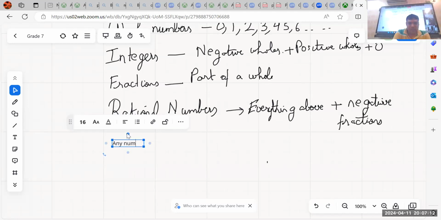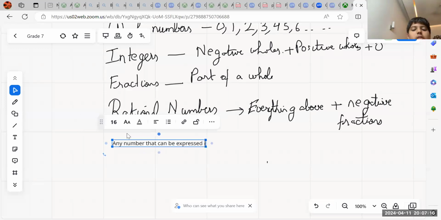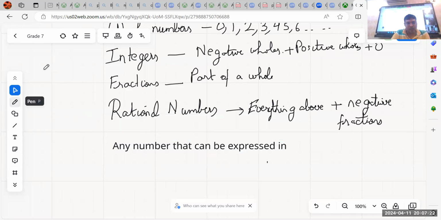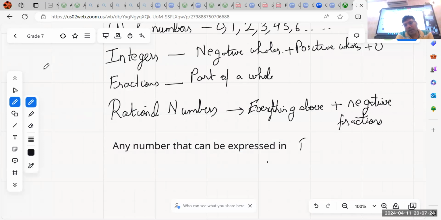Any number that can be expressed in p by q, where q is not equal to 0, and p and q are integers, meaning they can be negative as well as positive.